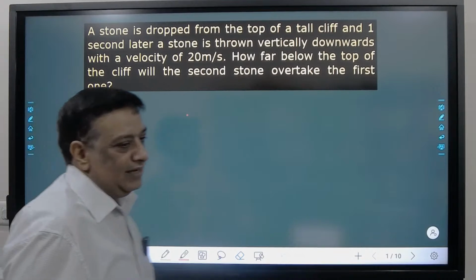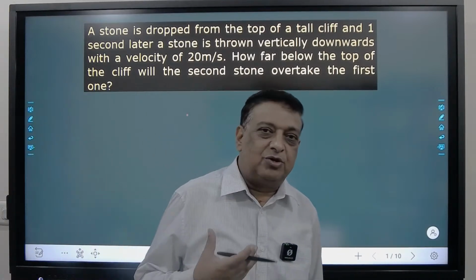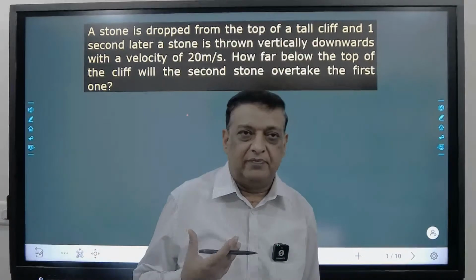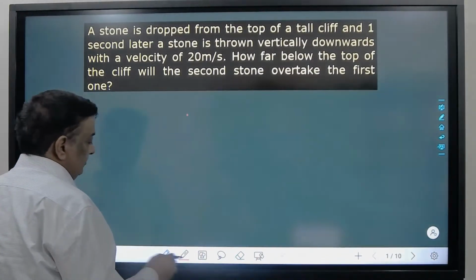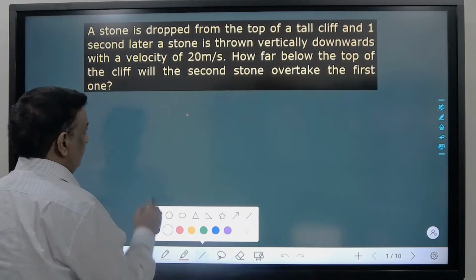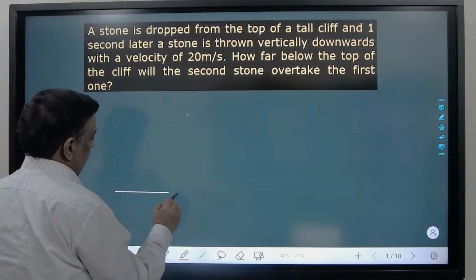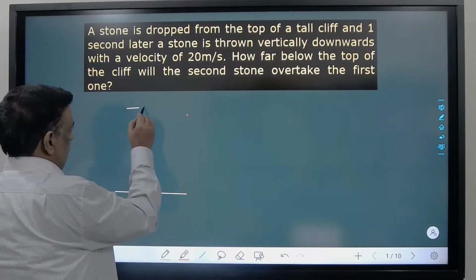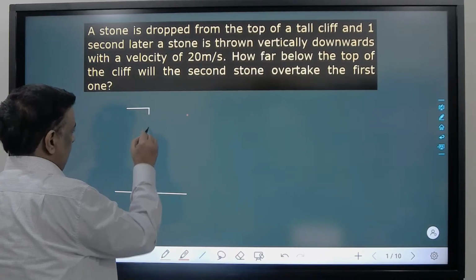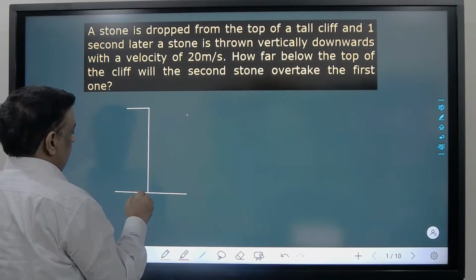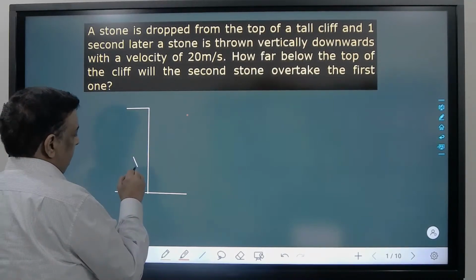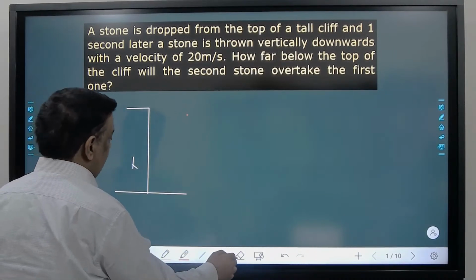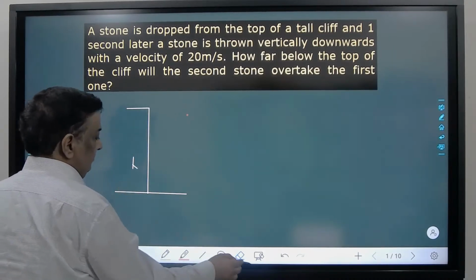So you are given that you have a tall cliff from the top of which a body is dropped. So basically you have two bodies. So we can say you have a cliff at a certain height h and a body is dropped from the top of this cliff.